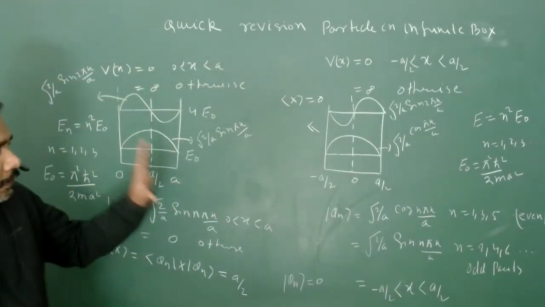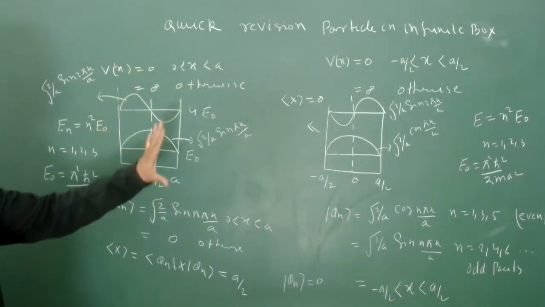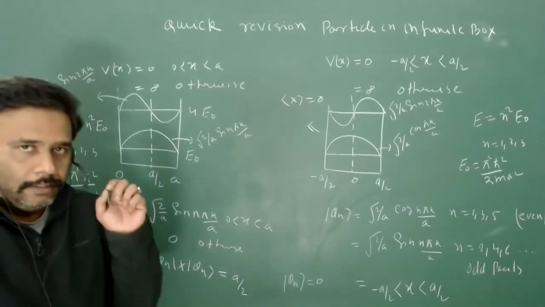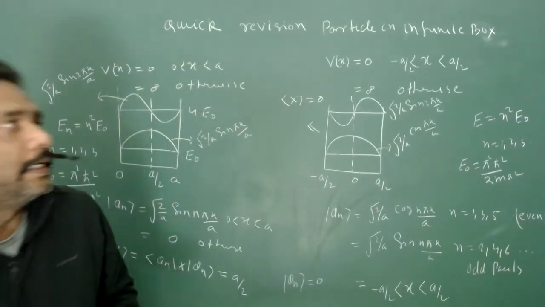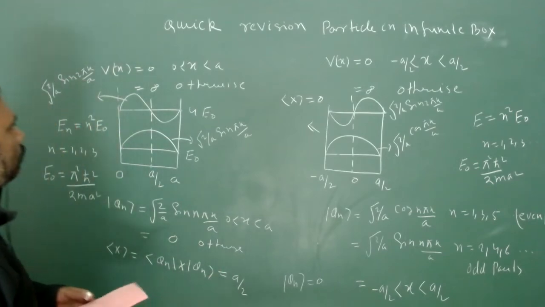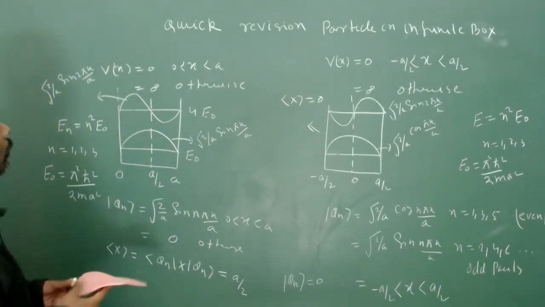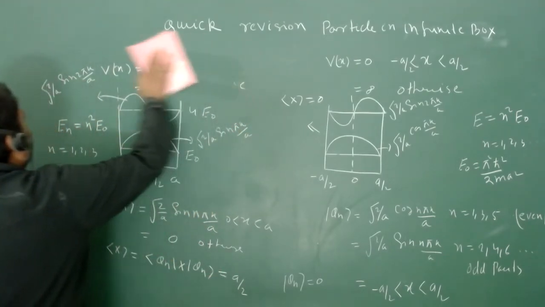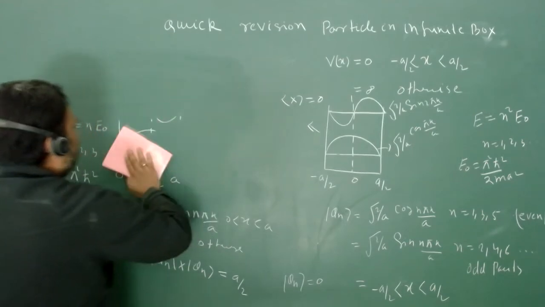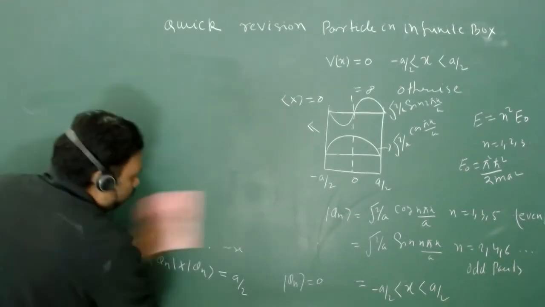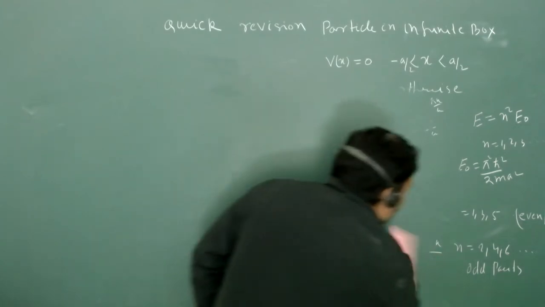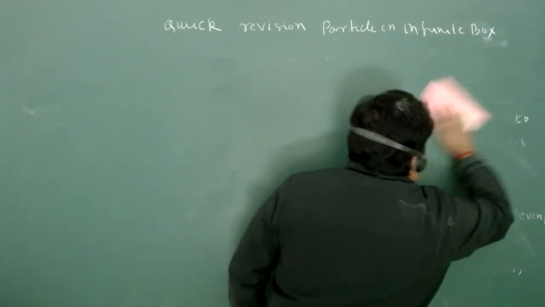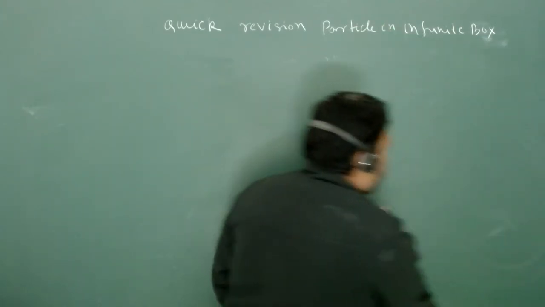Other than this particular concept, we have to practice some basic integration, and you must practice that particular thing. So let us go for some important integration which will be useful in this particular chapter. So let's go for some basic integration.